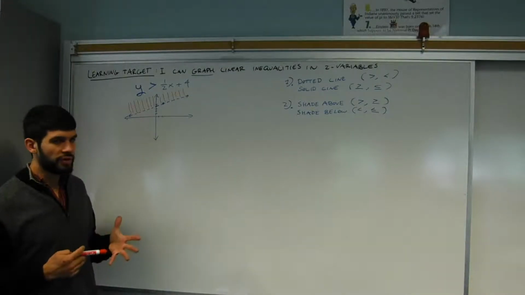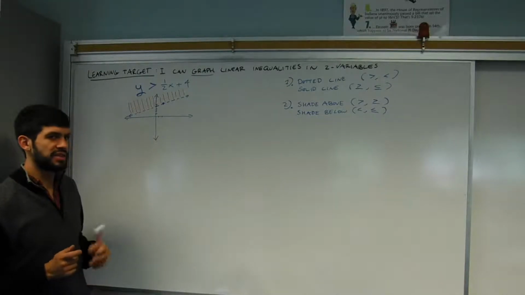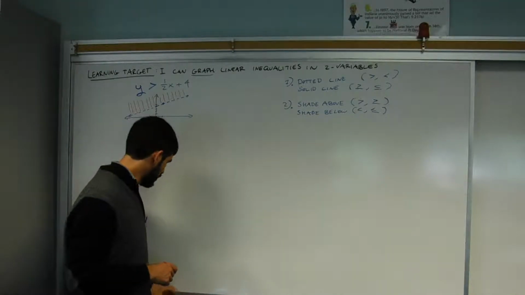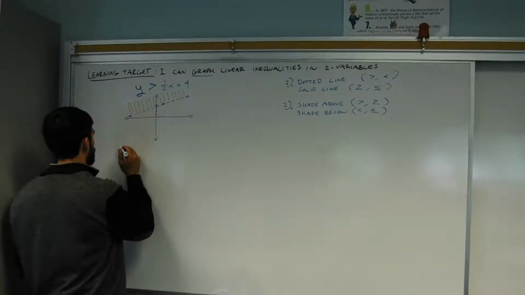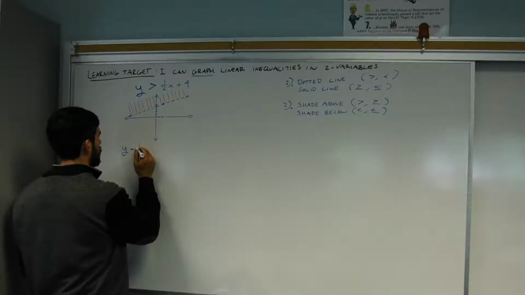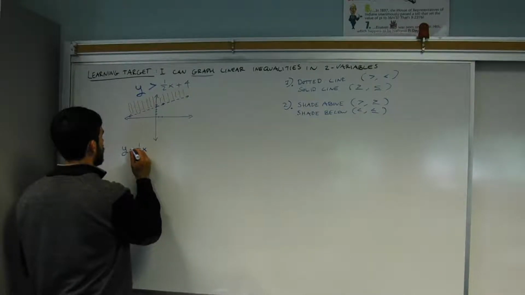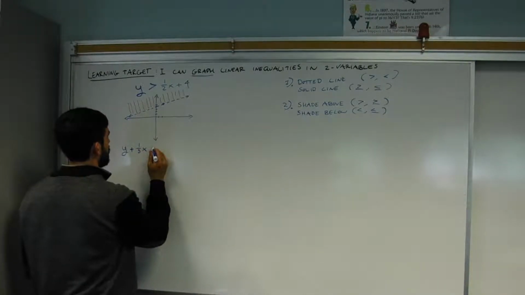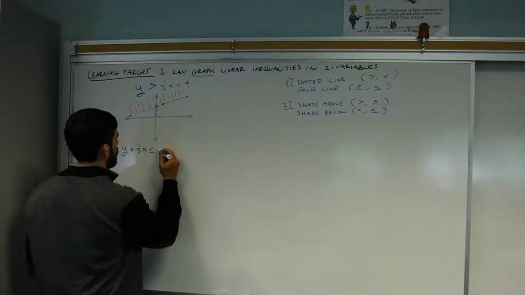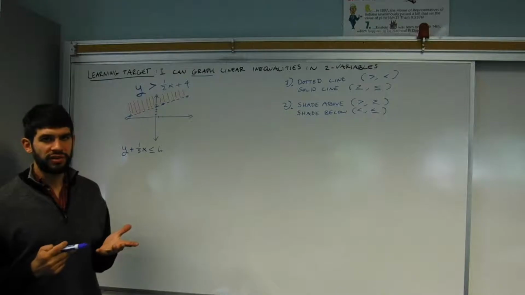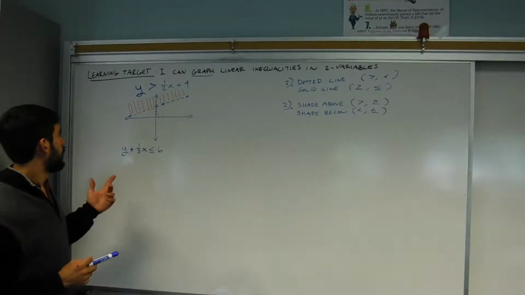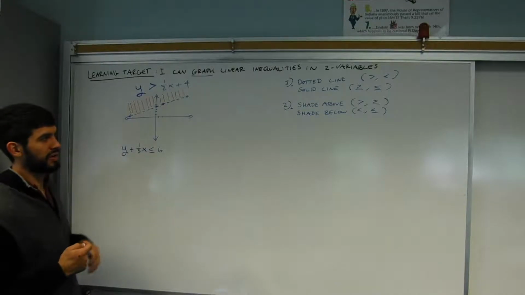For the rest of this lesson, we're just going to do more examples like this and look at the different scenarios that we might find. So suppose we had y minus 1/3 x, let's do plus 1/3 x, is less than or equal to 6. The way that I usually like to graph inequalities is I almost immediately try to put them into slope-intercept form.